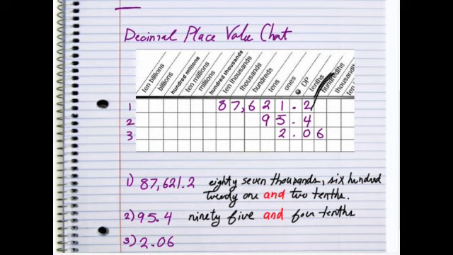Lastly, we have the number 2 and 6. Now that 6 is not in the tenths place, it is in the hundredths place. So I need to name it as such, 6 hundredths, right?